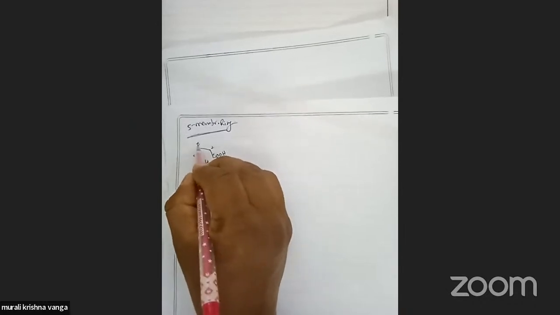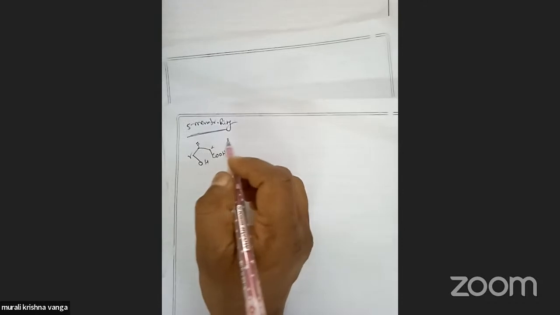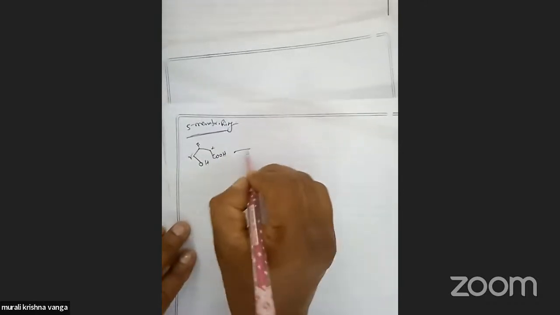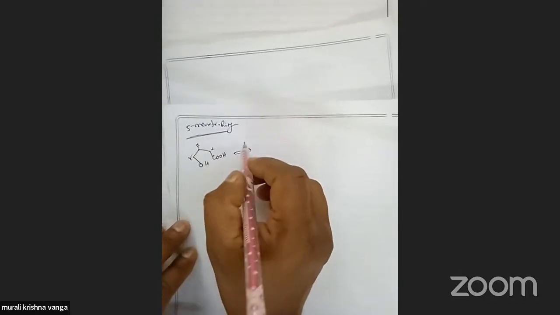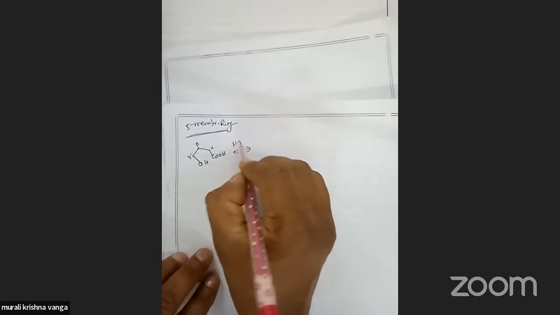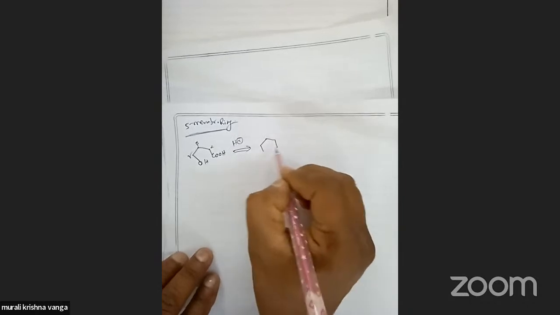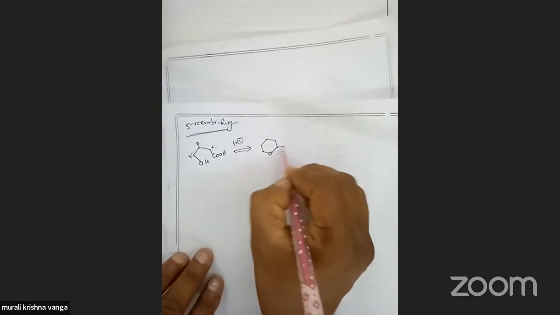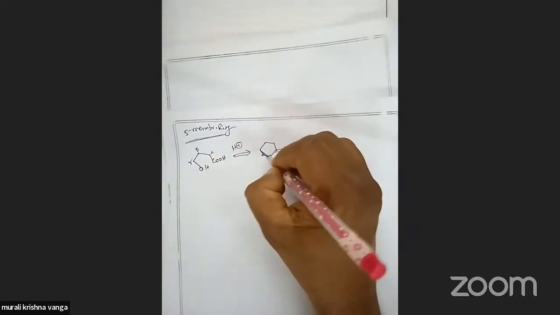When this gamma hydroxy carboxylic acid is in acidic conditions, it produces an ester as the product.